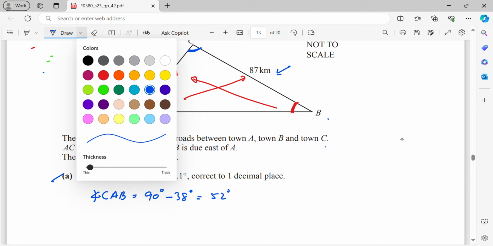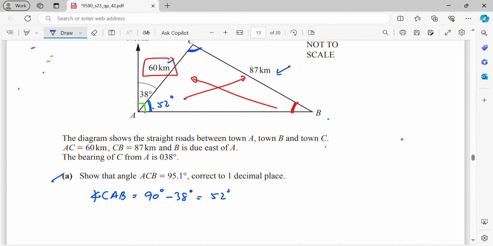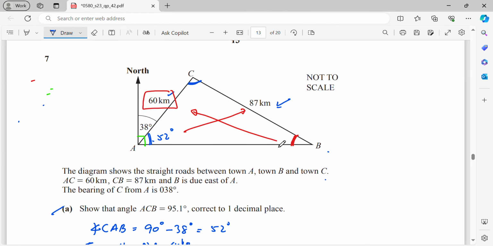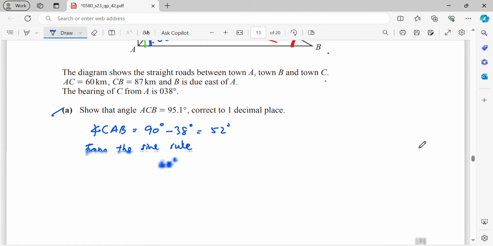My working is the sine rule: 60 kilometers, so I write 60 over sine angle ABC equals 87 over sine 52 degrees.